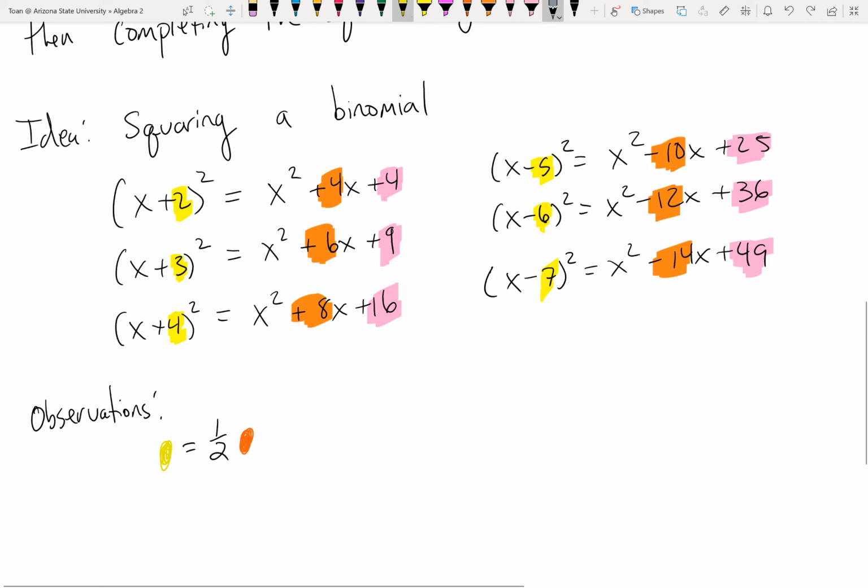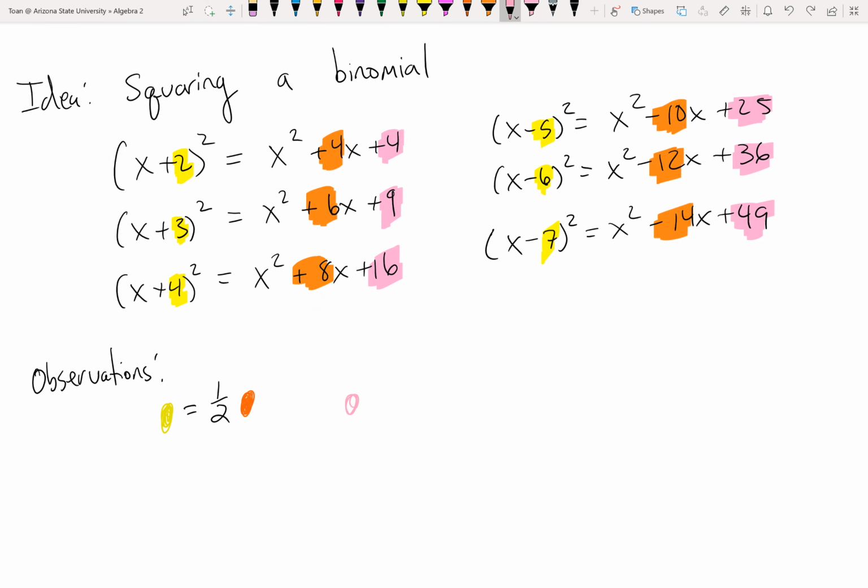And we also said that the pink is always the yellow squared. Right? 9 is 3 squared. 16 is 4 squared. 49 is 7 squared.